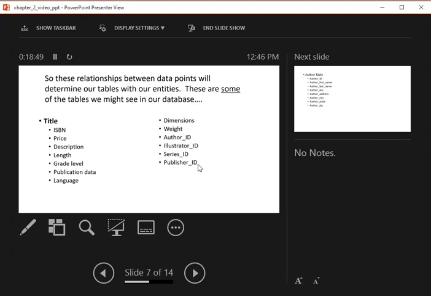Instead of having an author name in the title database, we'll have an attribute that describes the title through the author ID and through the illustrator ID, through the series ID, and the publisher ID. And we'll see in the next couple of slides that there's going to be a table named author, a table named illustrator, a table named series, a table named publisher, that we can use the ID in this table to link to the other table to establish the relationships to the tables that we need.